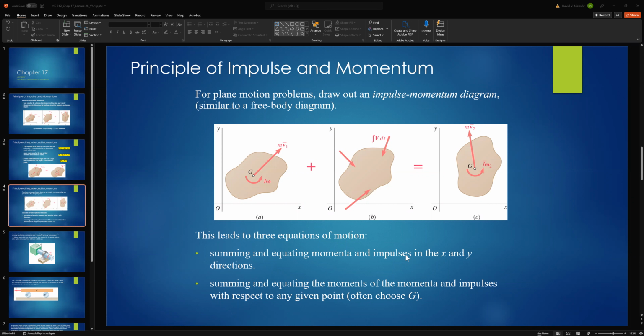Well, with momentum, it's similar in that you'll start off with your I omega, because really what is that? That's like mv. So if you have any kind of rotational momentum, you have I omega, and then that's going to be plus the sum of the integrals of your moments about O with respect to time, dt. And then that is going to give you your I omega final, where we call that I omega initial.